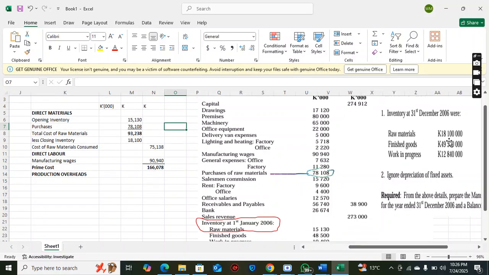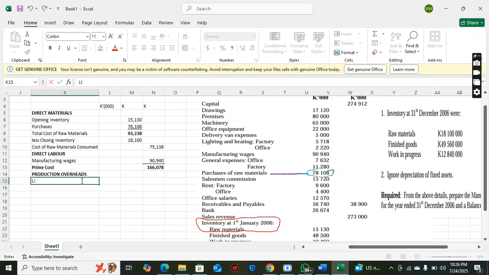As I said, if it has the word factory attached to it, it comes under the overheads. Here we've got lighting and heating. Factory, 5,178. Which other overhead?